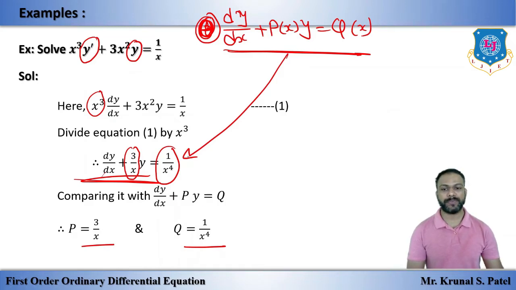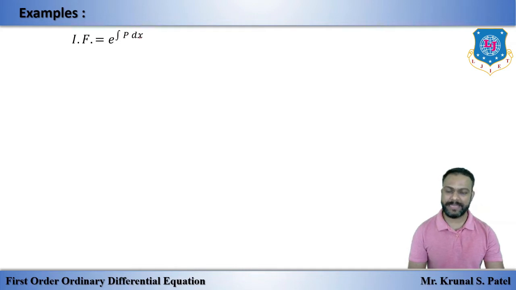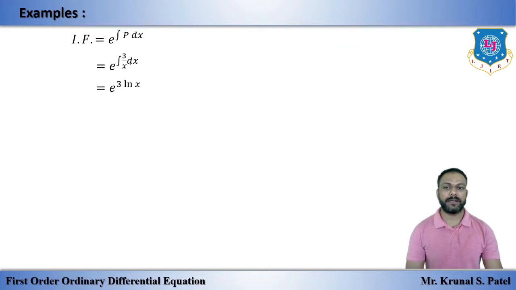Now after getting p and q, we will find the IF, integrating factor. That means e raised to integration p dx. Now what is p? We have p is 3 by x. So 3 as it is, and integration of 1 by x dx is ln x, that means log x.